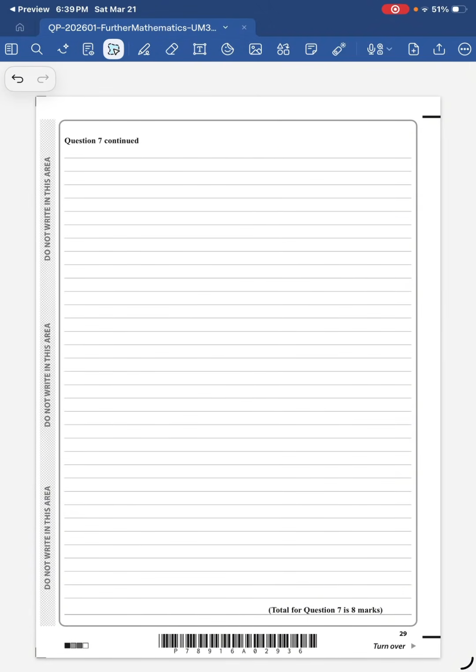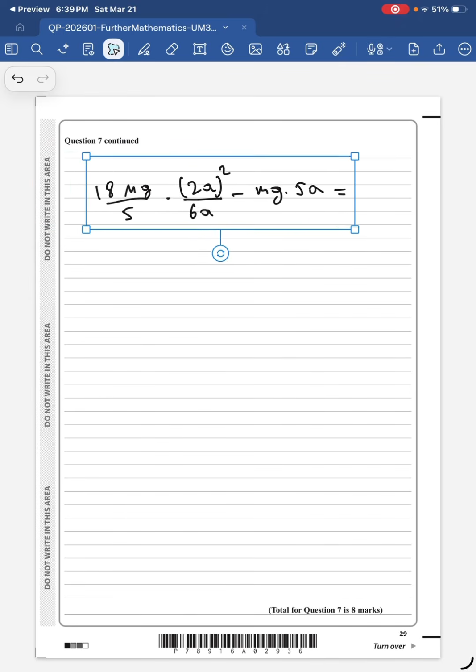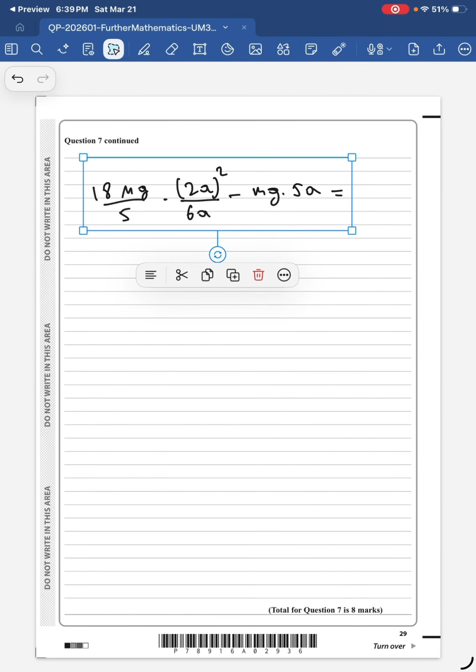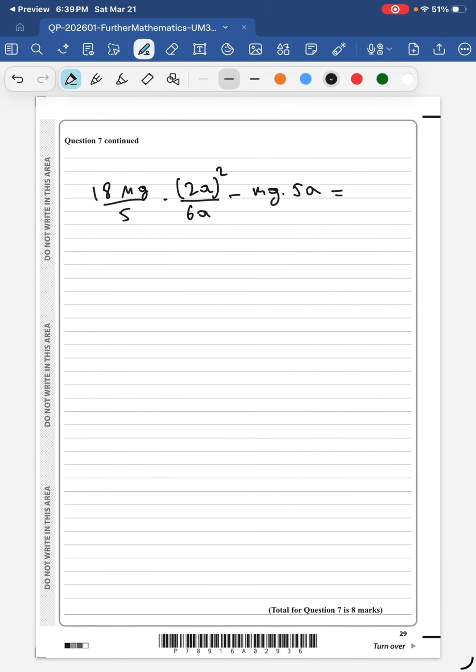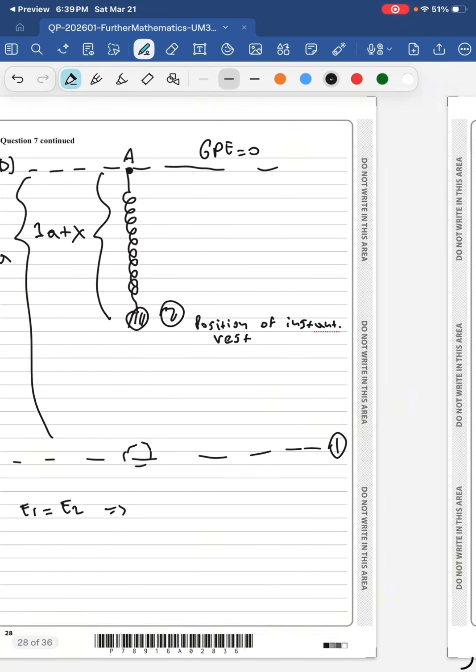Okay, we cut it, but how do we add it back? Paste. Okay, sorry. So this is the energy at 1. We had our little adventure. I'm sorry.